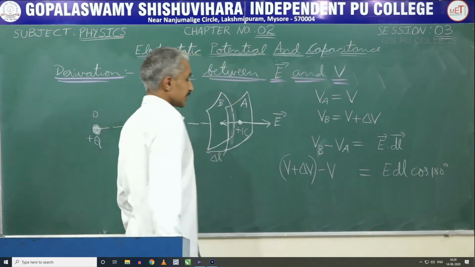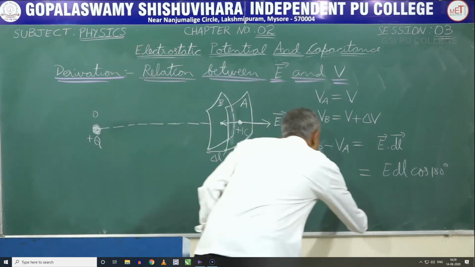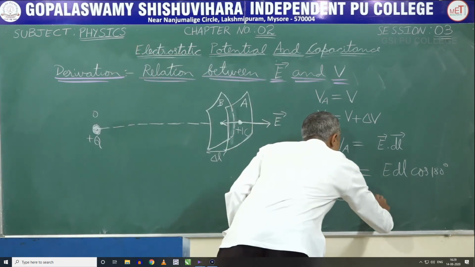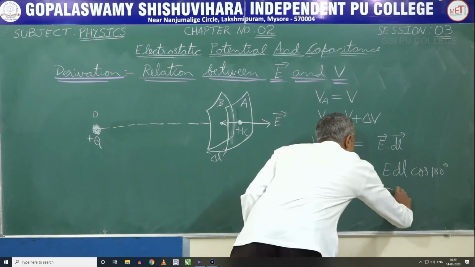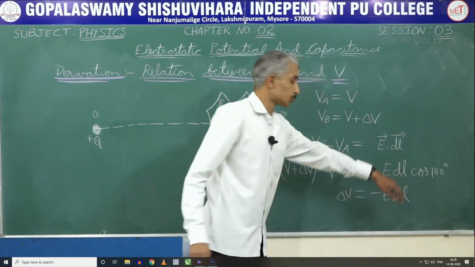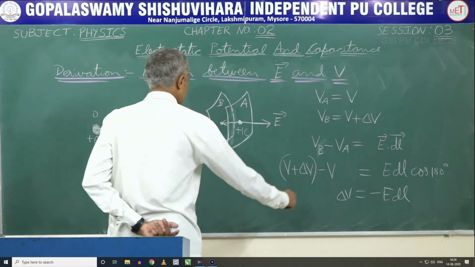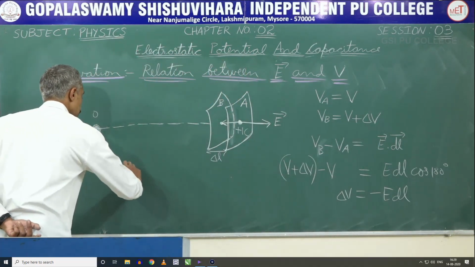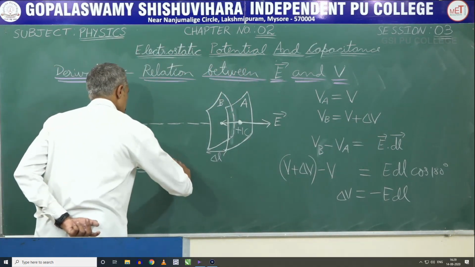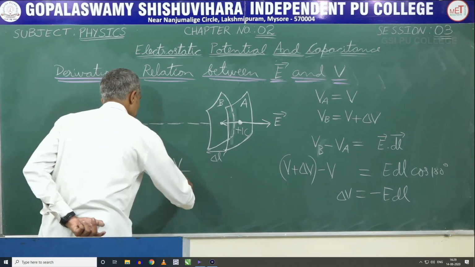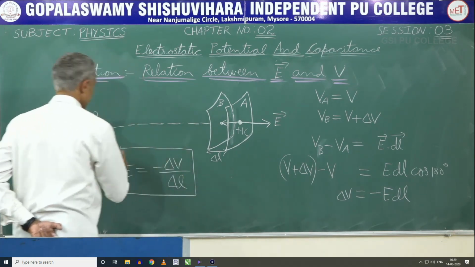Plus V and minus V, they get cancelled. What remains is delta V is equal to minus E dl, since cos 180 is minus 1. If you rearrange, we will get E is equal to minus delta V by delta L.